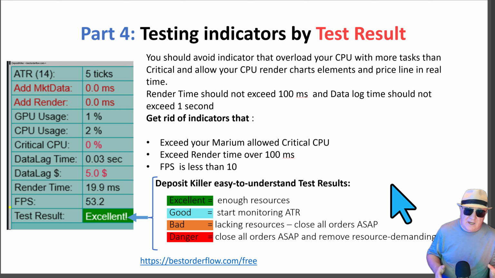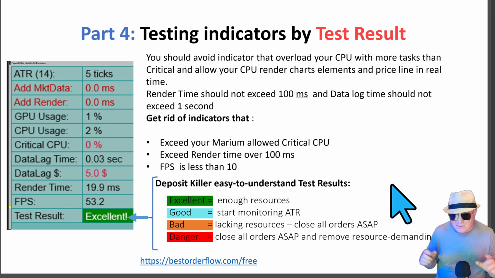The Deposit Killer actually has the test results. That means you don't have to calculate anything, but simply look at the test results. If it's in green, it is excellent. You have enough resources. If it's in kind of blue, then start monitoring your ATR. If it's going up and down, it may kick you out into the territory of bad or danger.